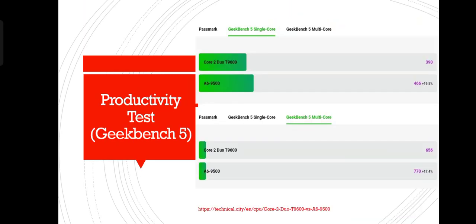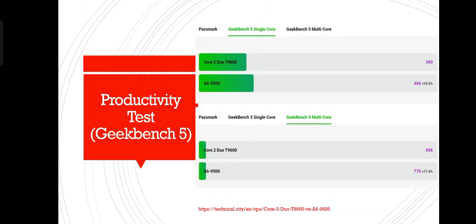So let us see the productivity tests for both processors. In the first productivity test, I used Geekbench 5. The top portion is the single core and the lower portion is the multi-core.